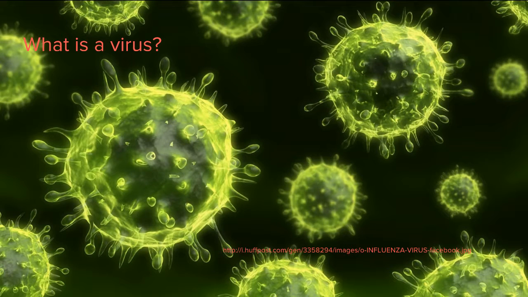A virus is specifically a program that perpetuates itself. A computer virus, as defined by Wikipedia, is a type of malicious software program that, when executed, replicates by reproducing itself or infecting other computer programs by modifying them.